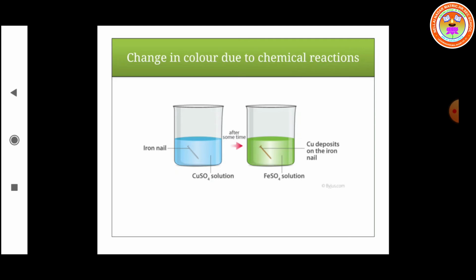So the color of the solution changes because of this chemical reaction. This chemical reaction takes place because iron is more reactive than copper. As a result, iron easily displaces copper from copper sulfate, and the solution turns from blue copper sulfate to green ferrous sulfate solution.